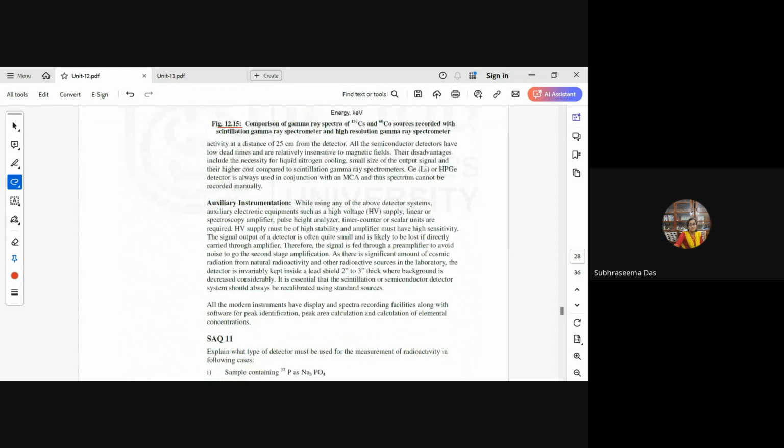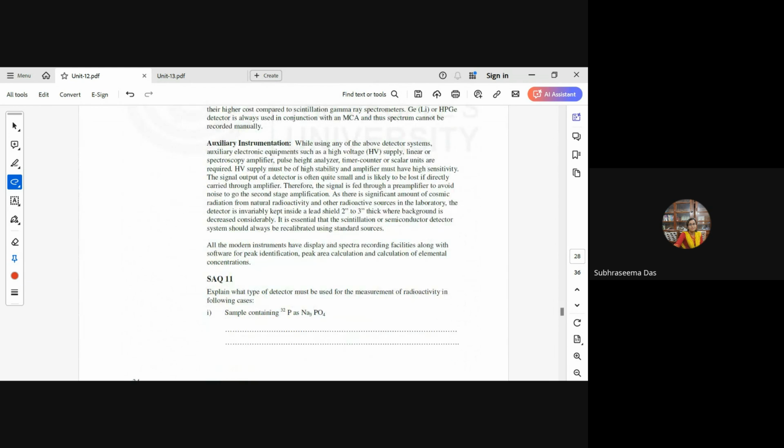Then auxiliary instrumentation: a very high voltage supply, a linear or spectroscopy amplifier, and a pulse height analyzer are required. The high voltage supply must be of high stability and the amplifier must have high sensitivity. Therefore the signal is fed through a pre-amplifier to avoid noise before proceeding to the second stage of amplification.